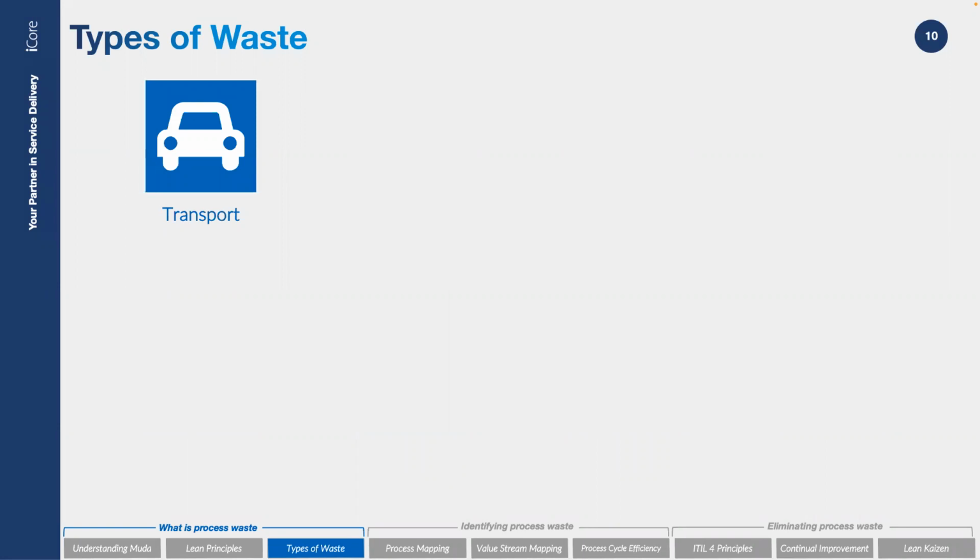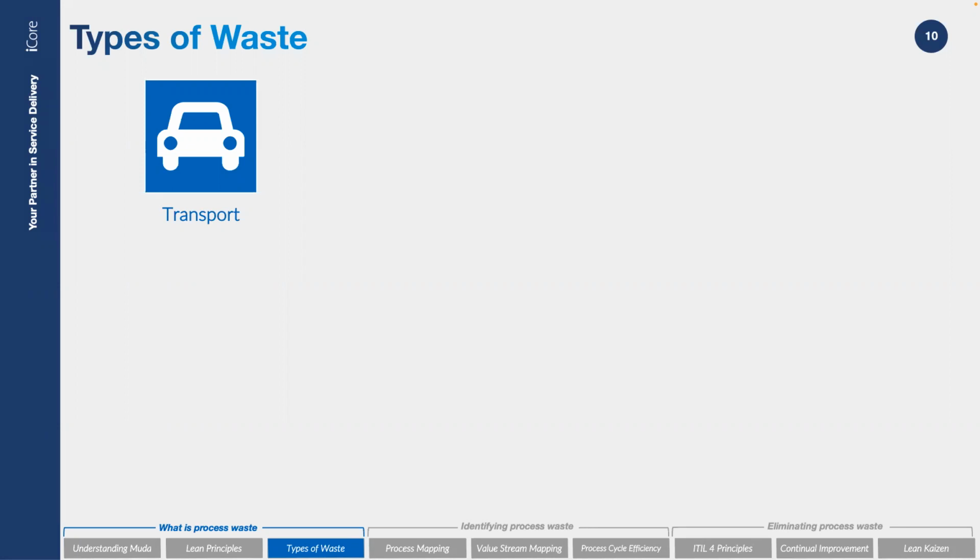In IT processes, transport waste can occur if informational data is moved between different systems or departments, resulting in delays and potential errors. So if it is going from one tool to another tool and suchlike, there is more chance of an error there. So we try to reduce that as much as possible.